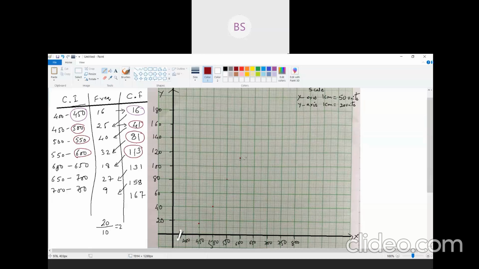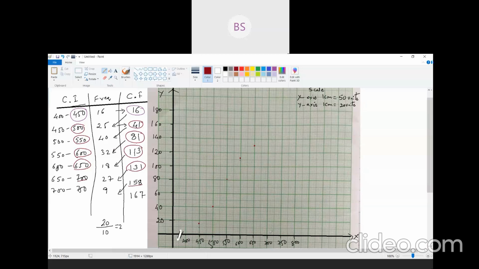Okay, now next is 650 and 131. So we have 650 here. Now this is 120, this is 130, the mid of 120 and 140, so a bit above that. This becomes 131. Then we have 700 and 158.